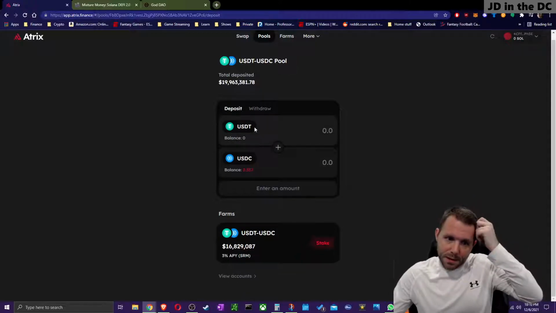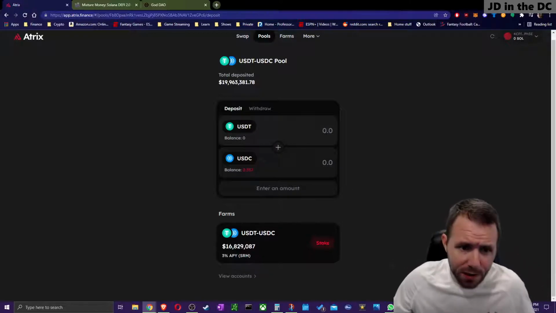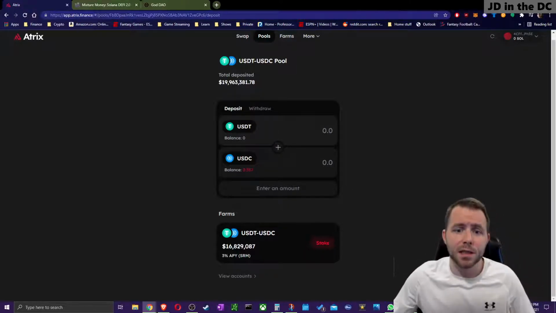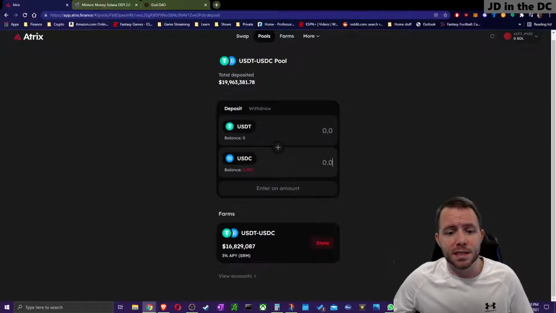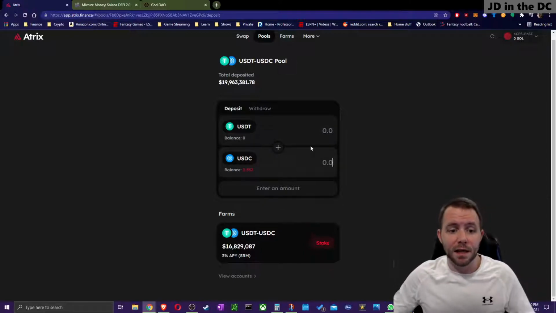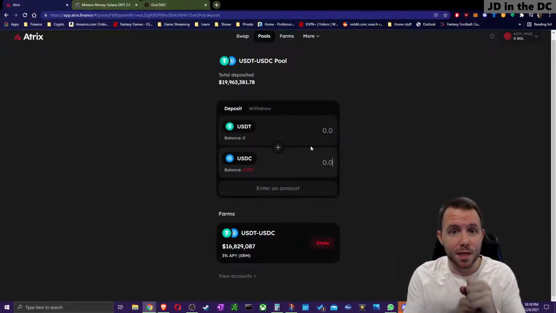So what's happening here, right? When you enter in, let's say we entered in $1,000 of USDT and $1,000 of USDC, and we provided them as liquidity. So it's a $2,000 investment, right?